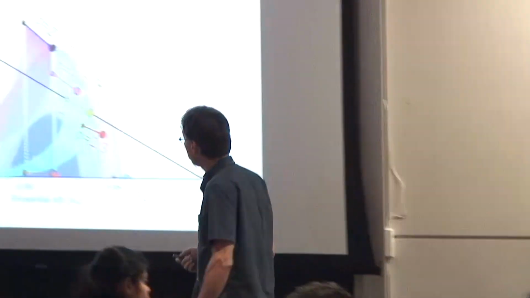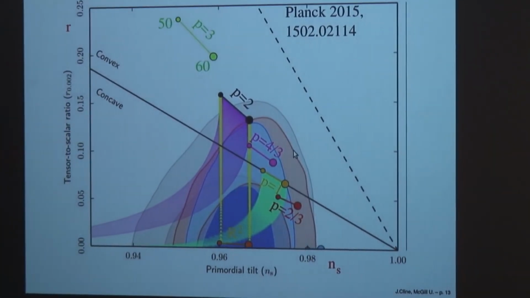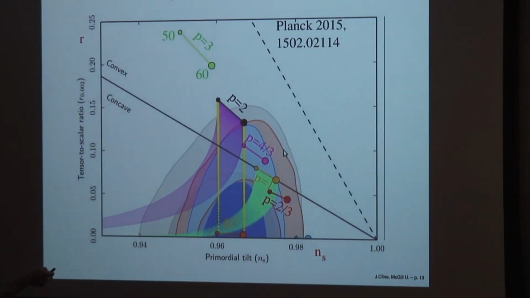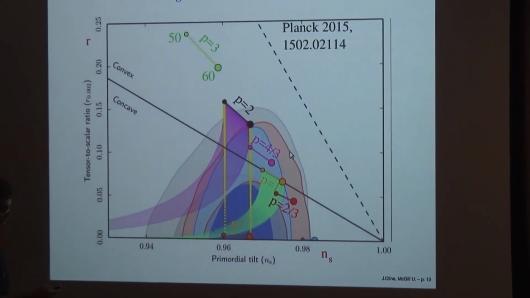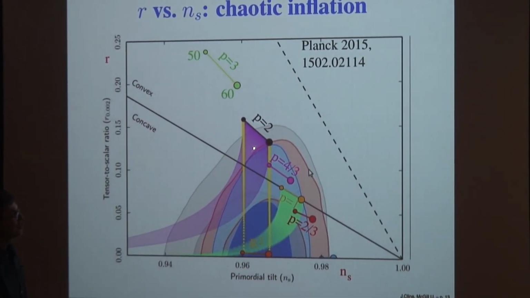And here we see the combined constraints in this plane on different models of chaotic inflation. So as we noted, p equals 2, it's already bad. Any higher p, much worse. And this is showing you the range of predictions as you go from 50 to 60 e-foldings for N star.